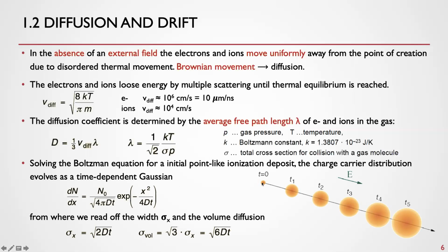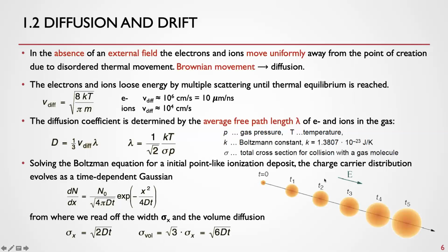So if you have an initial deposit, just by means of diffusion, this initial deposit will dissolve into a Gaussian, and the size of this Gaussian will grow with time with the square root. Similar formulas are valid for the volume.